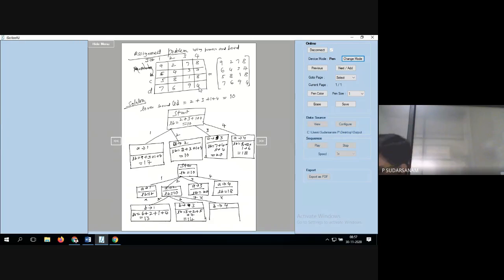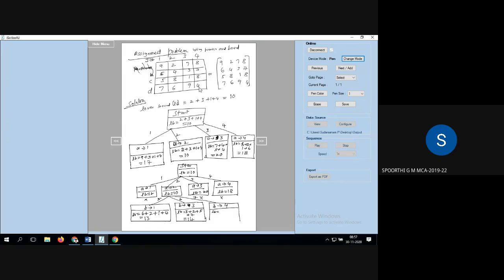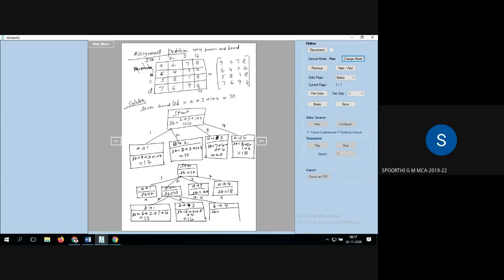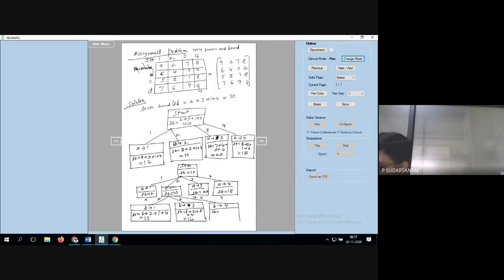Right. Similarly, tell me the last one also. B is equal to 4 means 7. B is equal to 4, right? 7. Now one step ahead, you have 2, A is equal to 2.